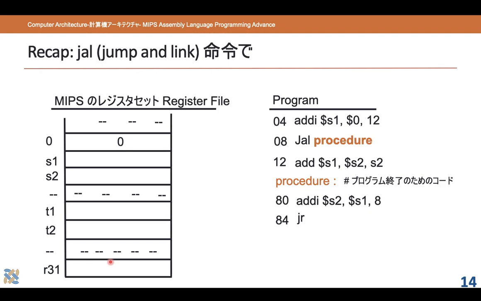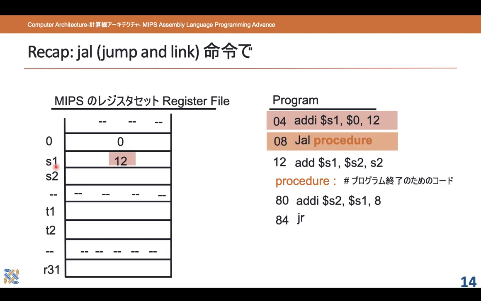Among 32 registers, I put 5 registers: 2 save registers, 2 temporary registers, and 1 return address register. These 5 registers are used to execute this MIPS assembly code with the procedure call. Once you execute this line, the value of S1 is supposed to be 12, and here it is.